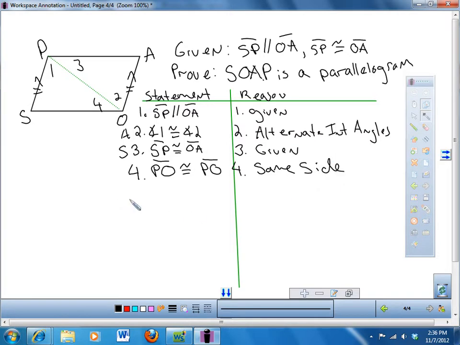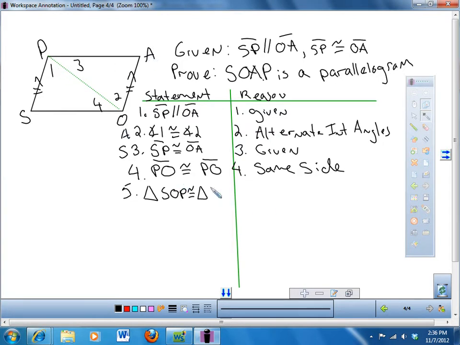Okay. Now, because I have those two things being congruent, what can I say about this triangle and that triangle? That they're congruent. So triangle, what should we call this one? SOP is congruent to triangle APO. Try to go in order.